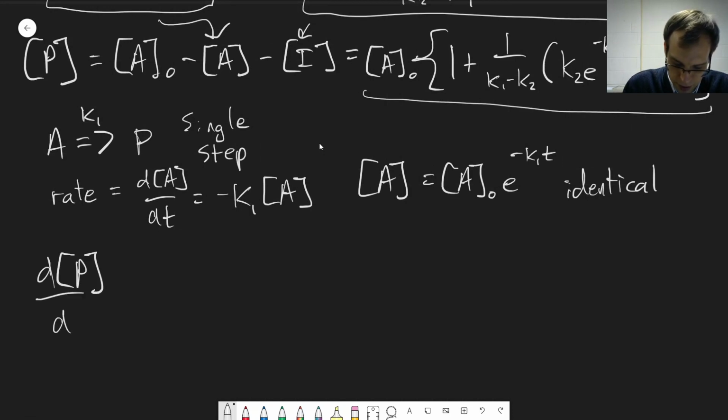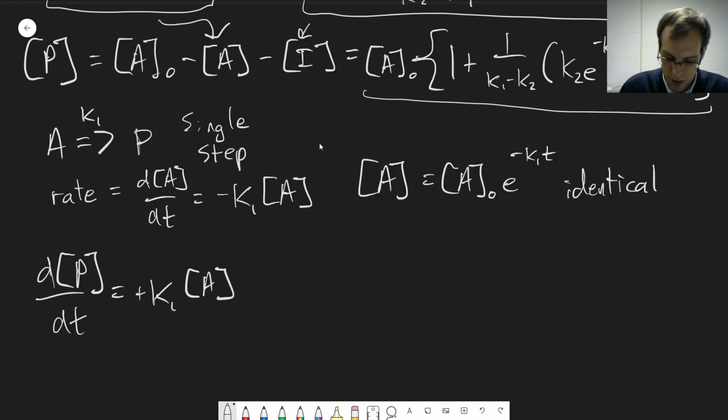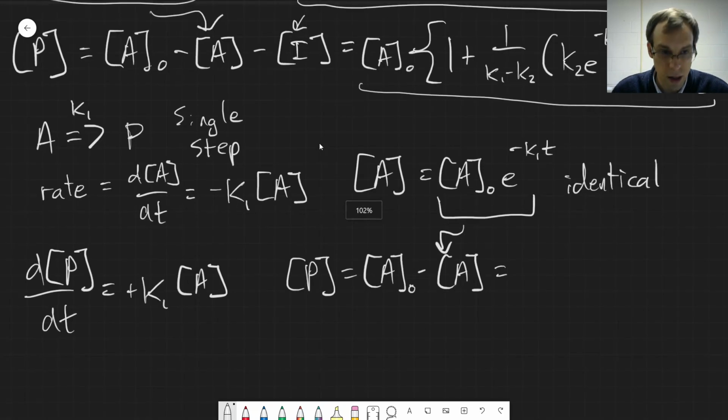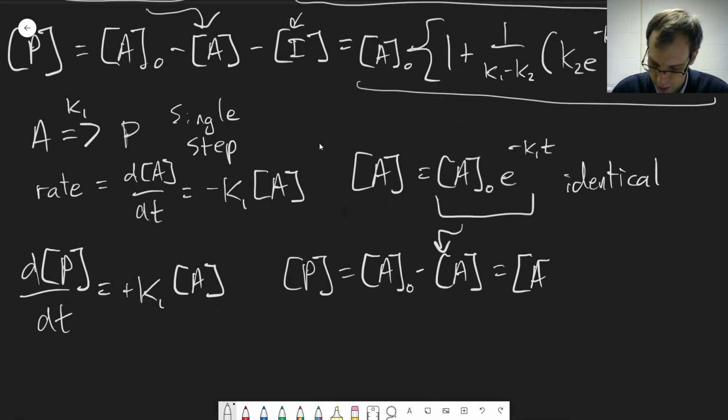because dP/dt is going to look different. We're going to have a positive K1 times A. So this will have a simpler expression. We can basically say P is equal to A naught minus A, and then we can plug in this part here for A, and we'll get A naught times 1 minus e to the minus K1t.